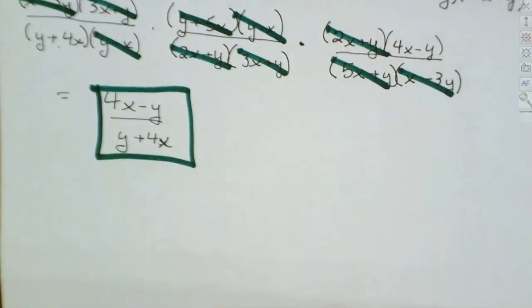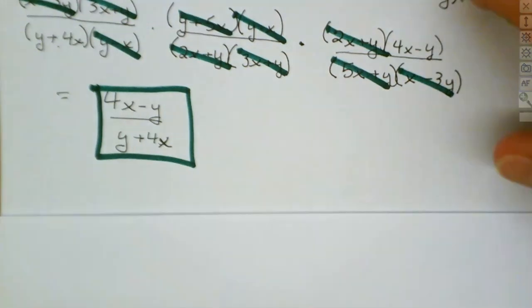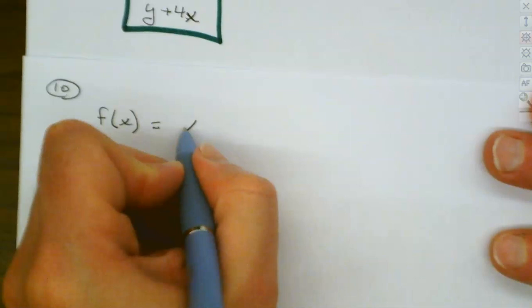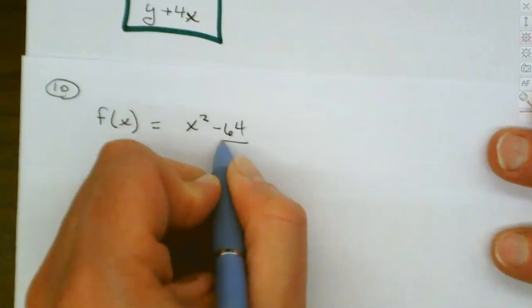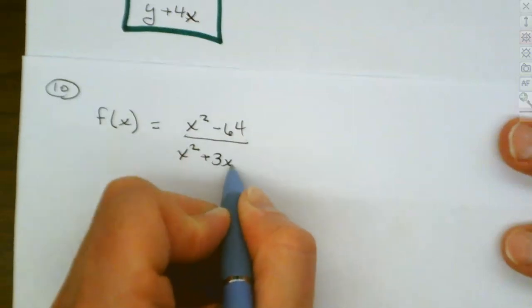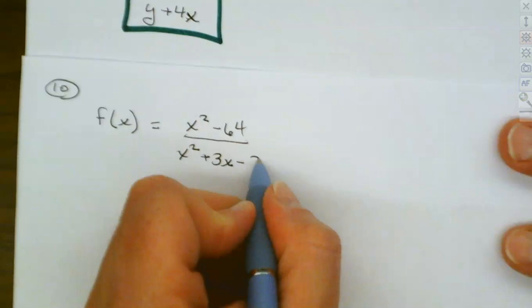Okay, we'll do one more, and then we'll try to finish up this section. So let's now look at question 10. 10 is quite a bit easier. Okay, so for question 10, we've got f of x equals x squared minus 64 over x squared plus 3x minus 28.